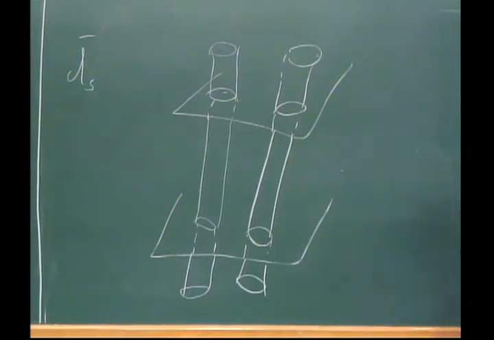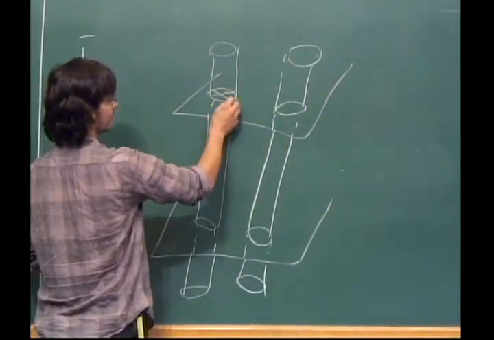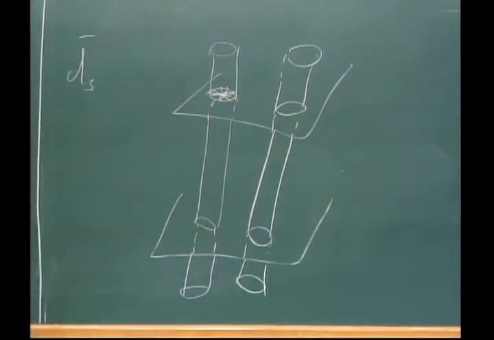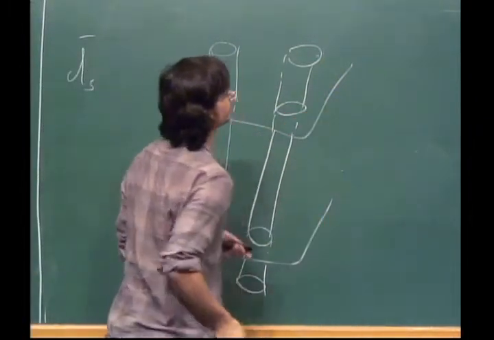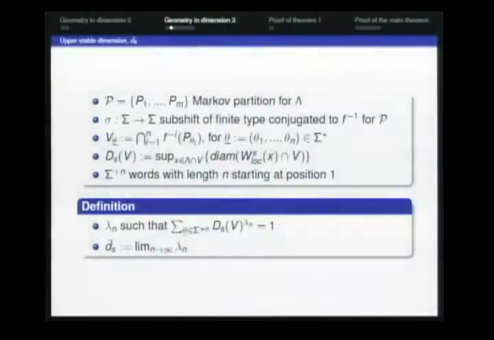And what to do is measure the biggest size inside each iterate. This is iterating in step n, which is here. We call it vertical cylinder.